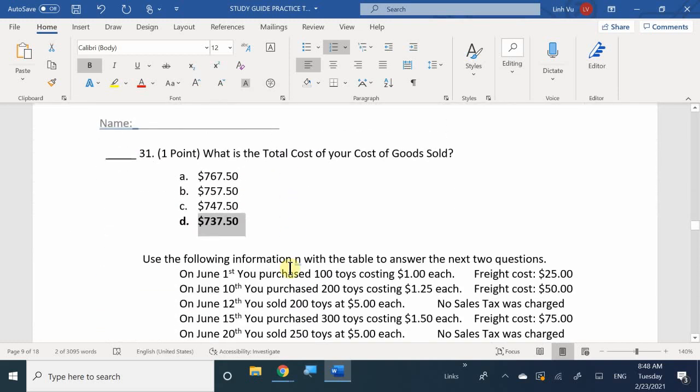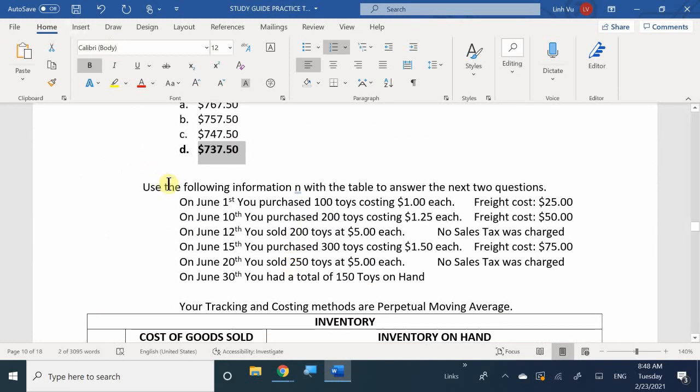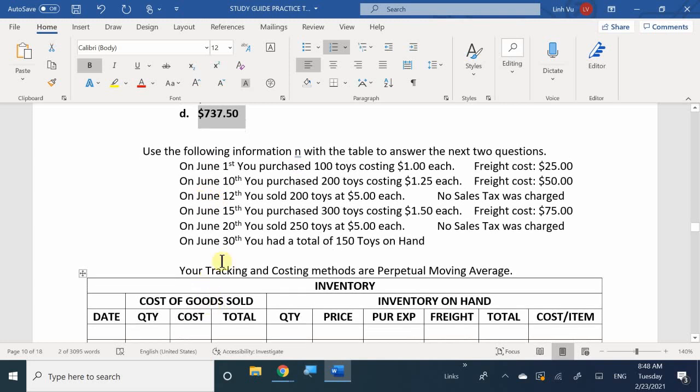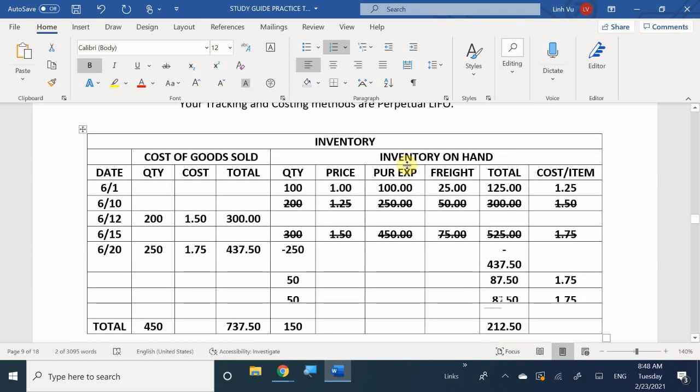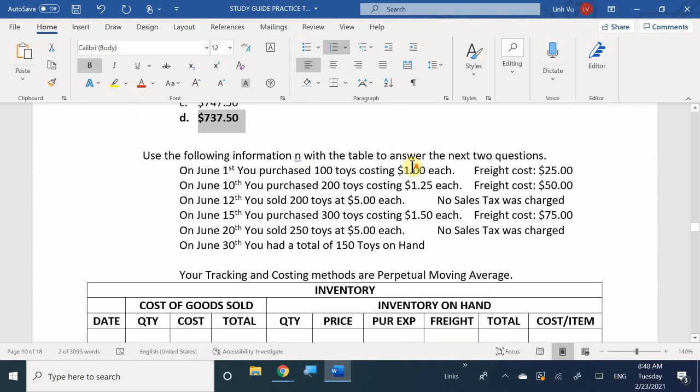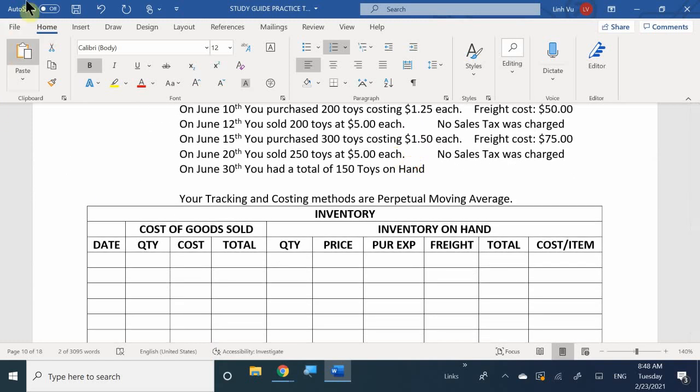Okay, so now that we answered that, same scenario except I'm going to be testing you on the tracking method and costing method to be perpetual moving average. In this case, I cannot copy and paste because my values are going to look different. So what happened on June 1st again?